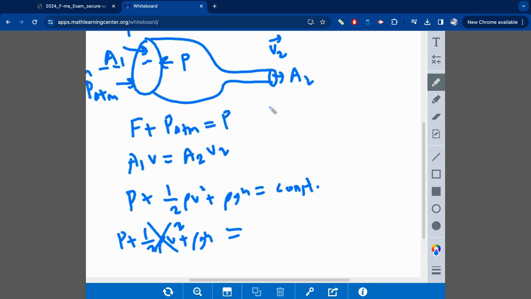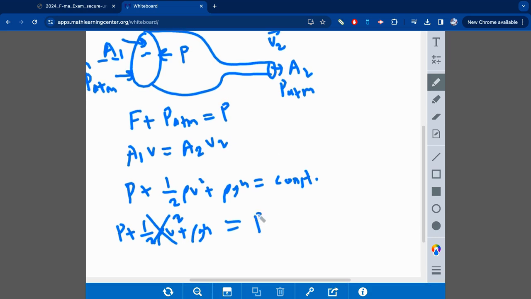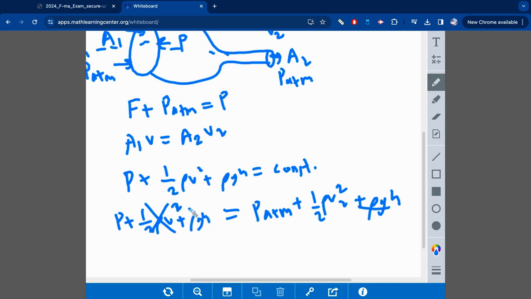That's equal to the atmospheric pressure because the water is now outside of the container, plus 1/2. So it's moving, so it has kinetic energy 1/2 rho v2 squared plus rho gh. Because it's basically at the same height, rho gh cancels out.